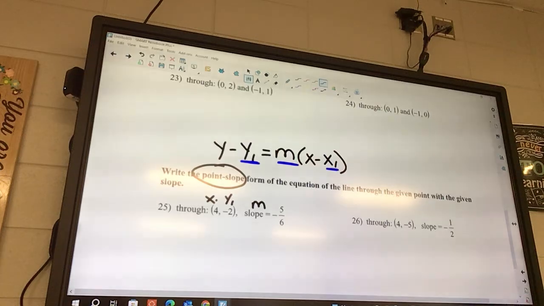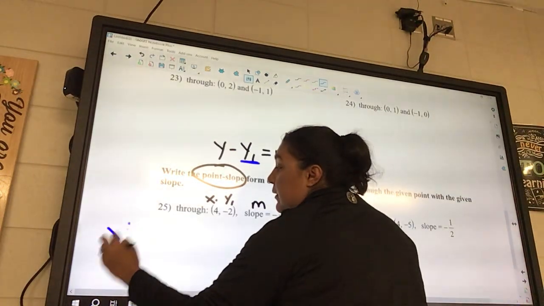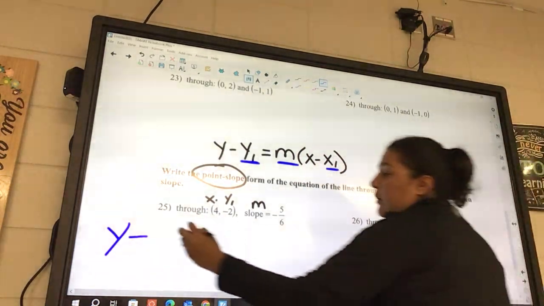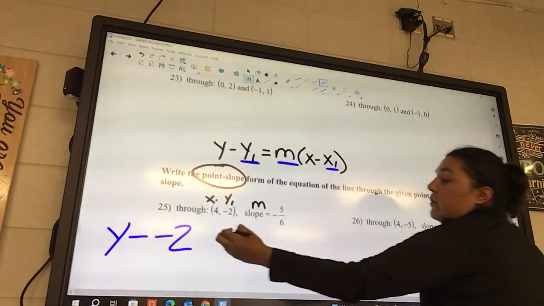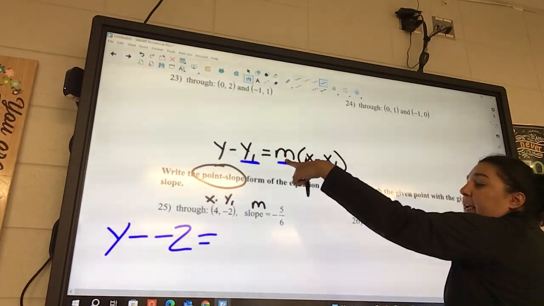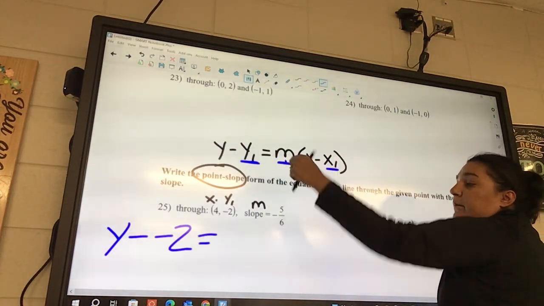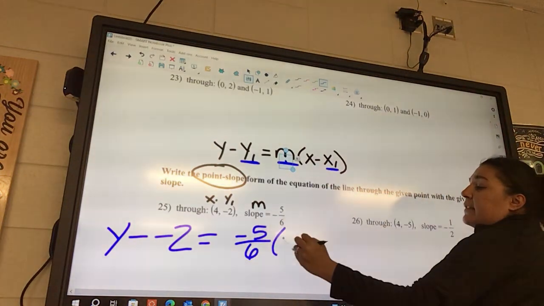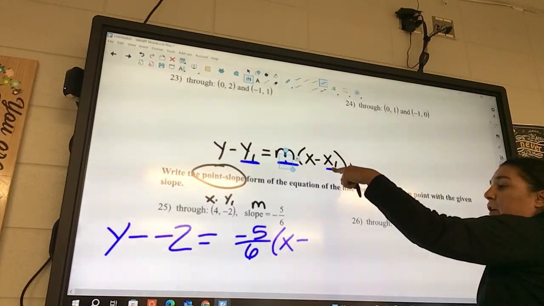Everything else goes there. Okay, so we're going to say y minus, what is my y1? Negative 2, equals m, what's my m? Negative 5/6, parenthesis, x goes there, minus x1.